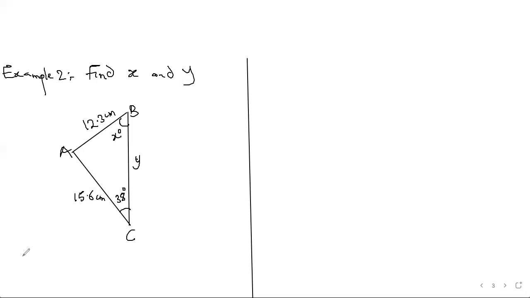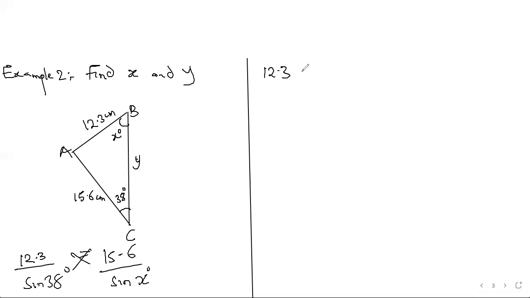So 12.3 over sine 38, that's this side over the sine of its angle, will be equal to the side 15.6 over sine of the angle x I'm looking for. If I cross multiply, then I'll have 12.3 sine x equals 15.6 sine 38.